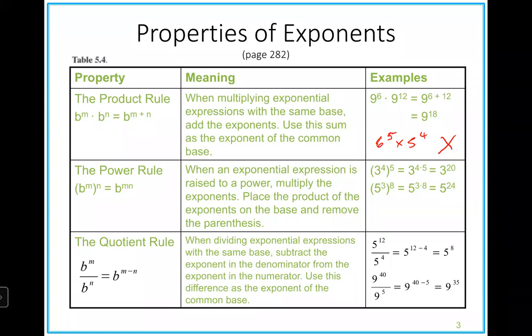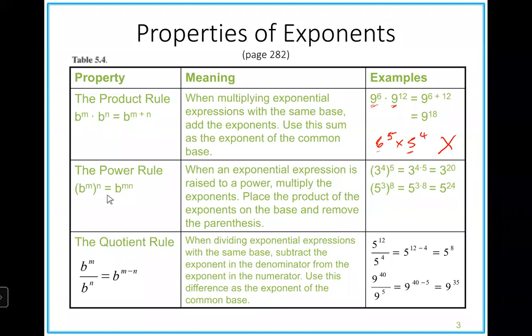That does not apply here. It only applies where the base is the same. So both of these have the same base, which in this case is 9. The base here is 6. The base here is 5. So you cannot use the power or the product rule in this case to simplify this expression.